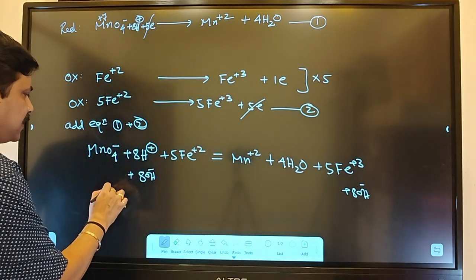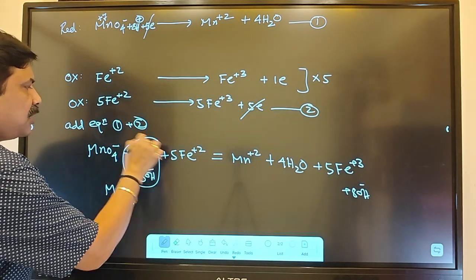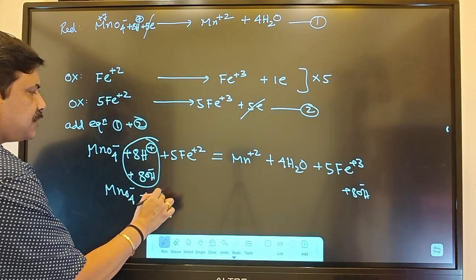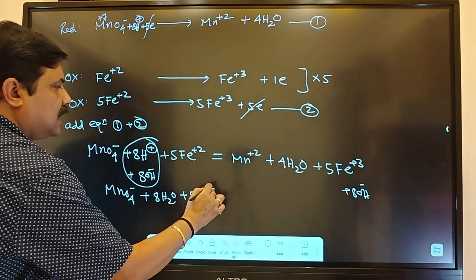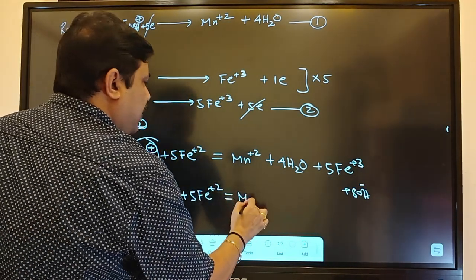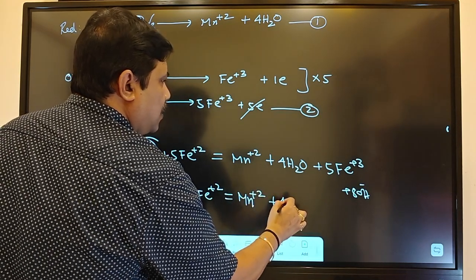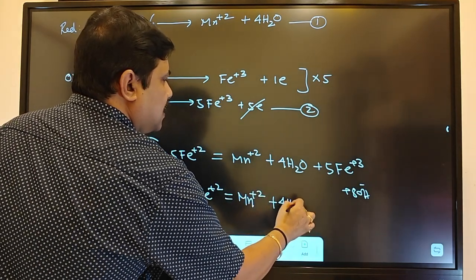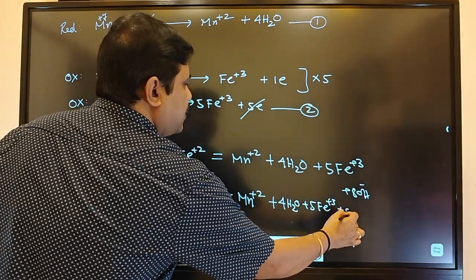Then what will be my situation? MnO4 minus plus 8H2O plus 5 Fe plus 2 will be converting to Mn plus 2 plus 4H2O plus 5Fe plus 3 plus 8OH minus.